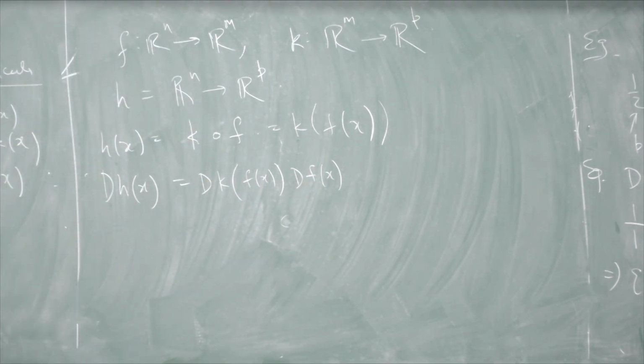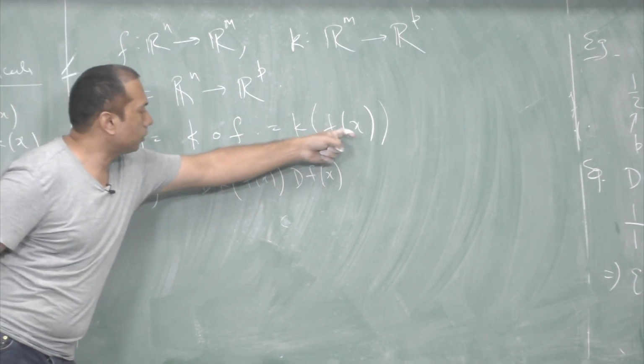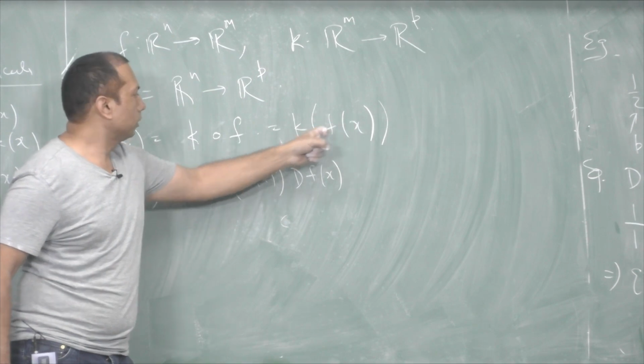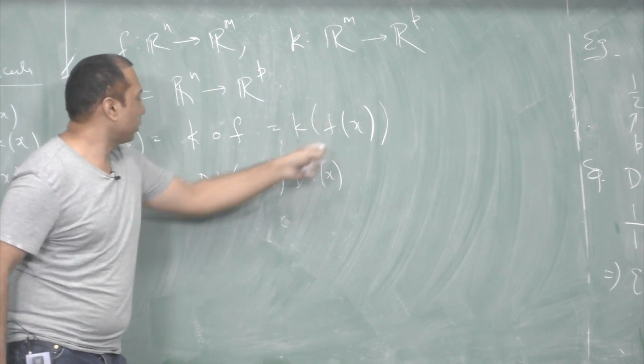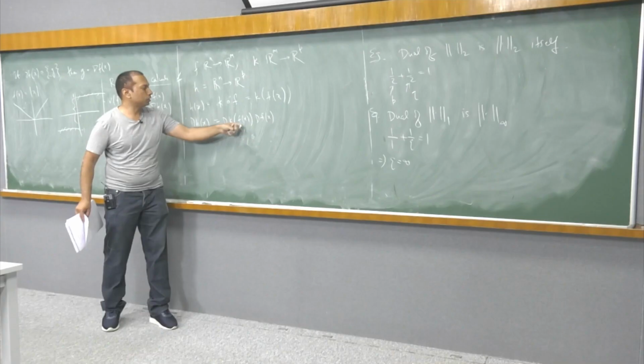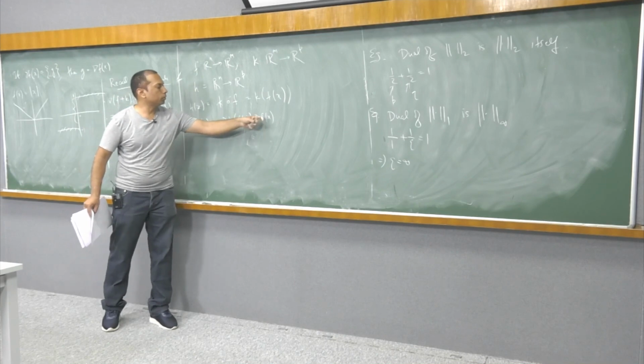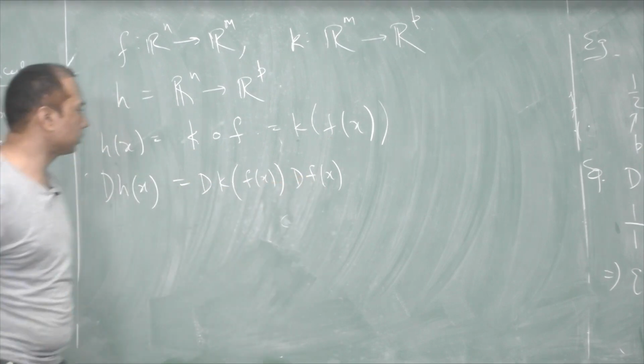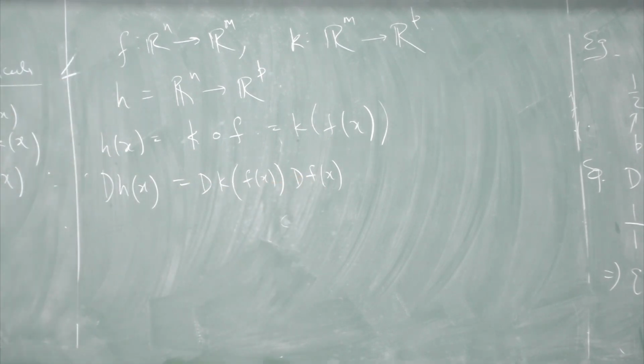So the chain rule says that if I have a composition K of f of x, then first I should take derivative of K as a function of f(x). So it's like d of K with respect to f(x), seen as a function of f, and then derivative of f with respect to x, by implicit assumption, because f only is a function of x, so naturally it will be with x. So this is the chain rule we know.